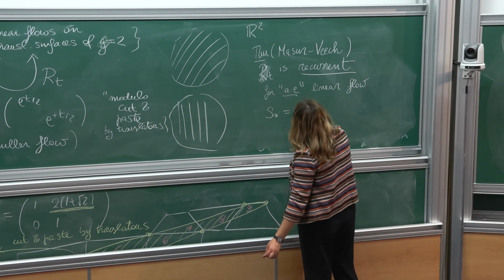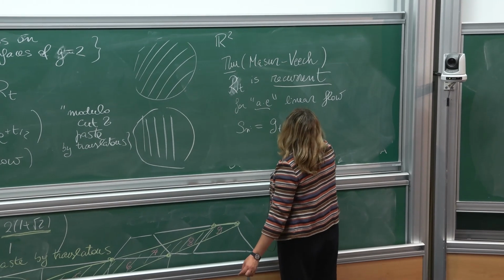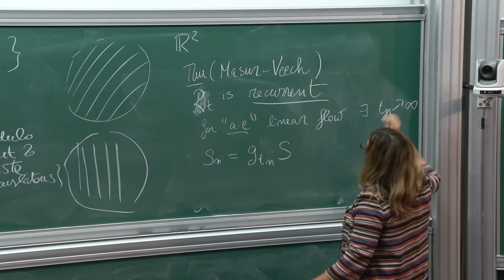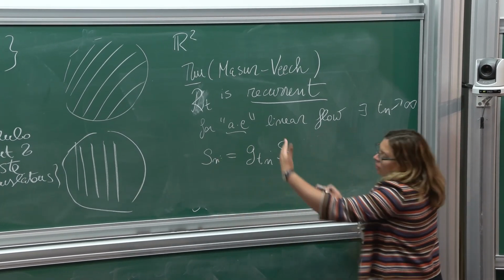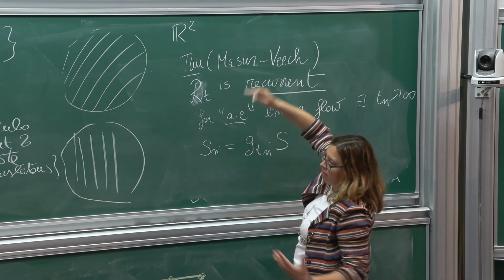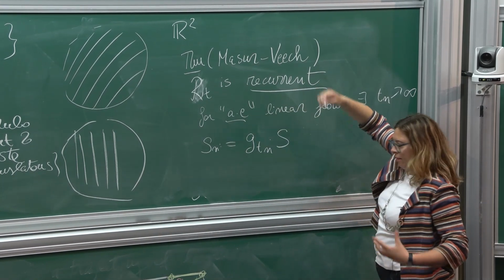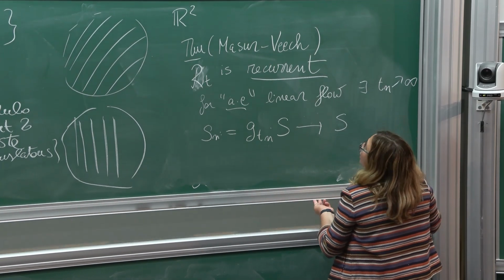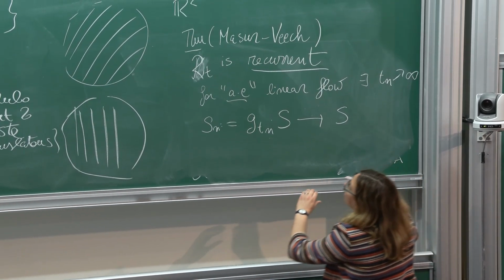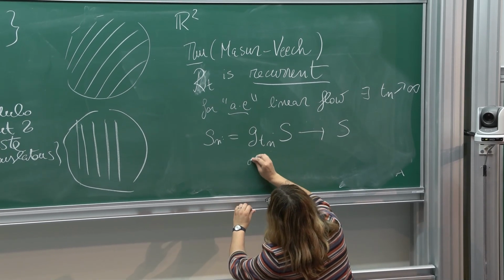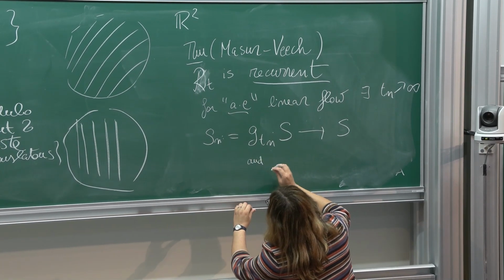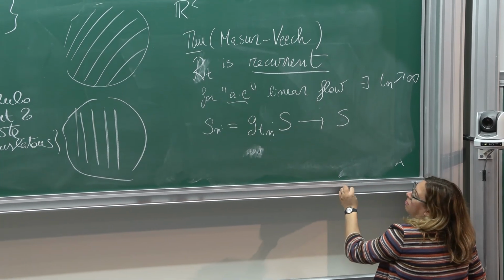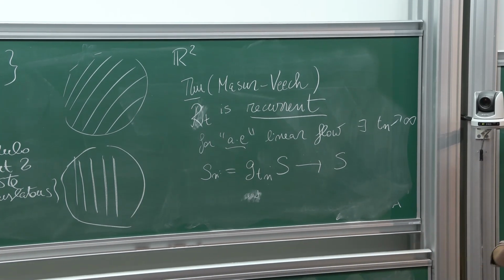Sn, which is g_{t_n} of S, there exists a sequence t_n going to infinity such that the surface which I obtained by deforming and cutting and pasting converges to S. And okay, maybe I went too far.